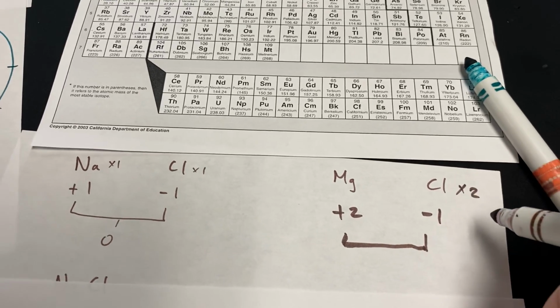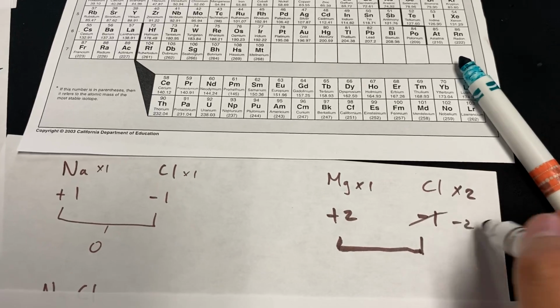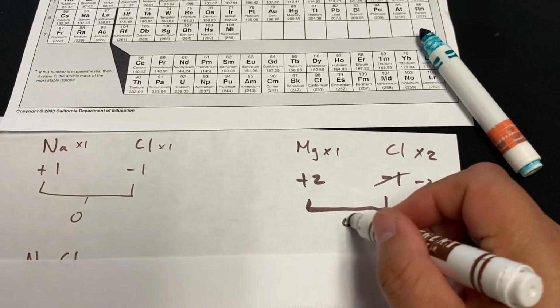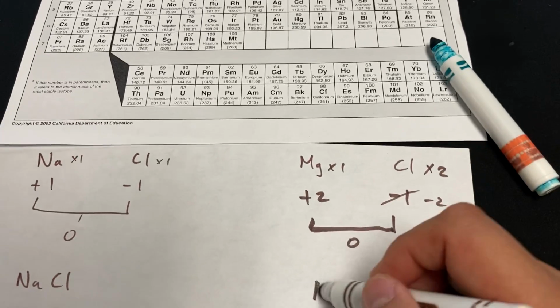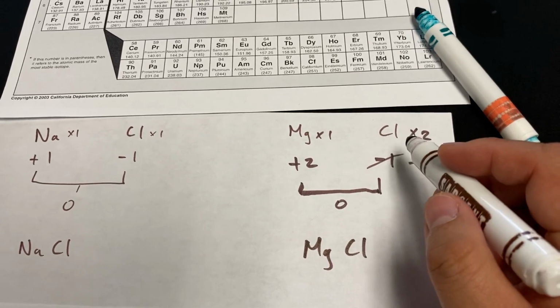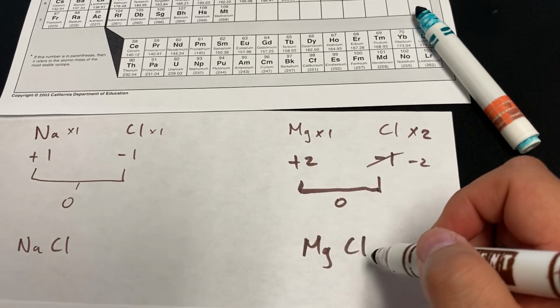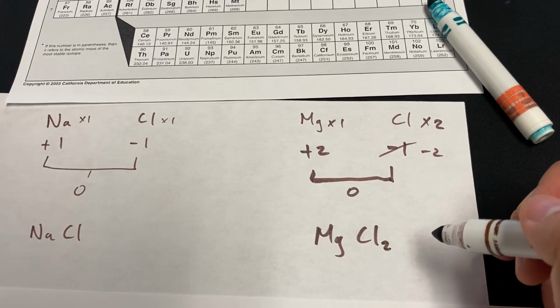So if we had just 2 chlorines for every 1 magnesium, notice that this would turn into a -2. And this would then allow it to add up to 0. What this basically means is that for magnesium and chlorine to form an ionic compound, you're going to need twice as many chlorines as you do magnesium, which means the formula would be MgCl2.